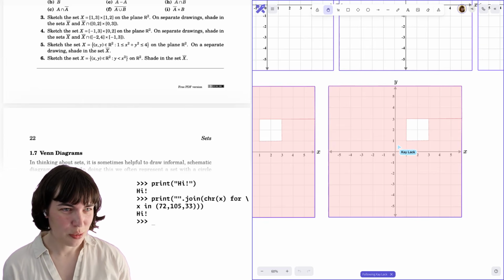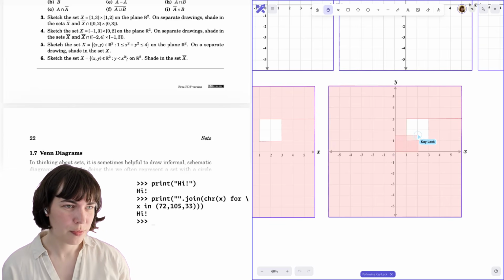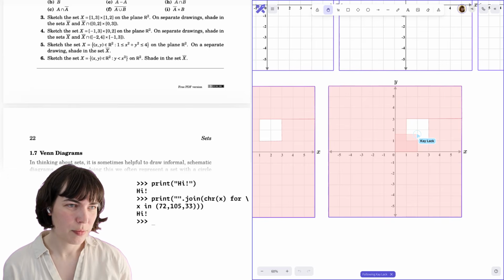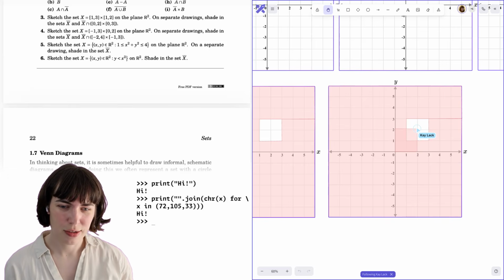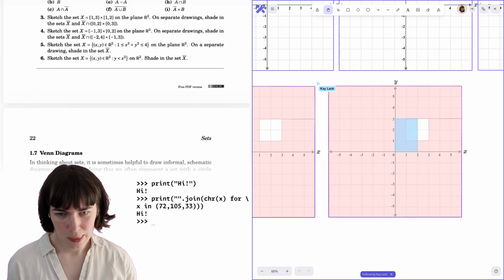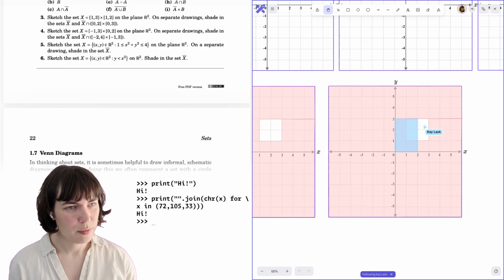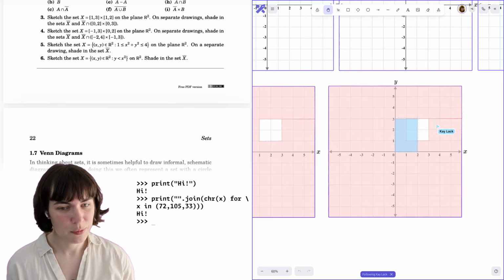So along the x's, we're going from 0 to 2 and 0 to 3 on the y's, which gives us this blue, if this would highlight properly, which one day I will get my whiteboard working properly. Okay, and then we're intersecting, because it's an intersection.